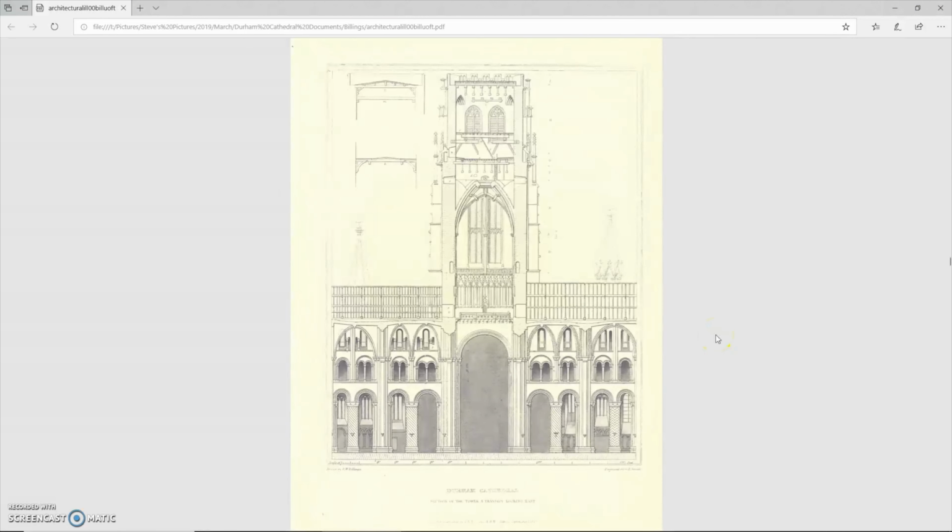I now take a look at Billings plate 15. It's an accurate scale drawing from the original book, and it's a drawing of the central tower and the transept looking east.